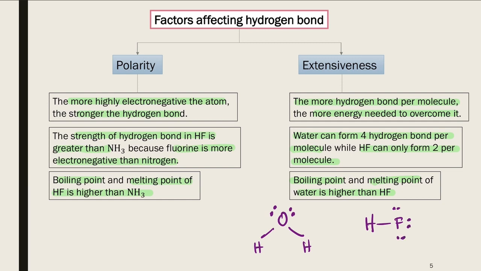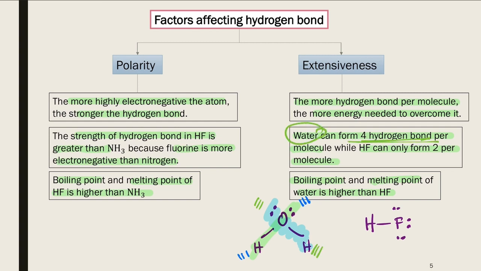So molekul air ini dia akan dapat bentuk 4 hydrogen bond. Macam mana? So kita tengok yang saya highlight berwarna hijau itu. So hujung dan hujung pada highlight itu dia boleh form hydrogen bond. So di sana sudah ada 2. And then bila saya highlightkan berwarna biru, hujung dan hujung warna biru itu pun akan dapat menghasilkan hydrogen bond.